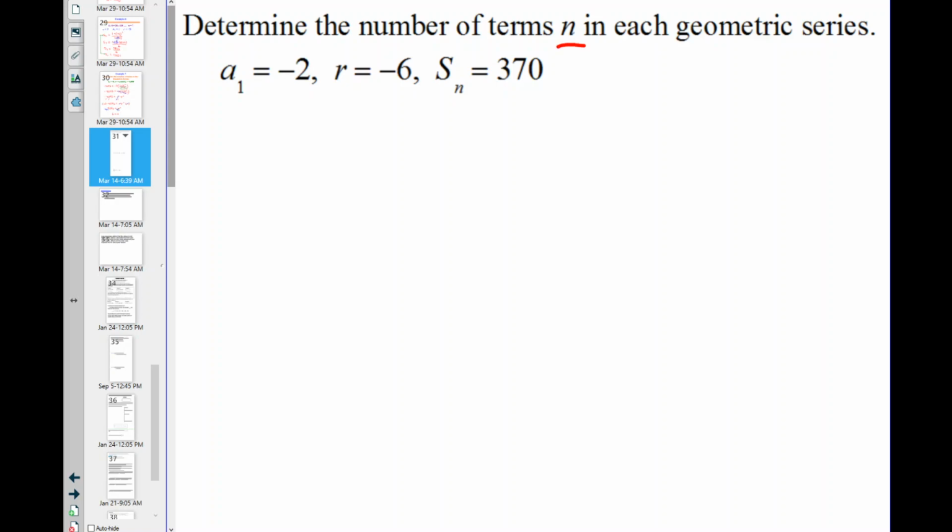So they have to give us the sum, which they do: 370 is equal to the first amount, which is -2, times 1 minus the common ratio, -6. So that goes into the parentheses to the power of n that I'm looking for, over 1 minus -6.